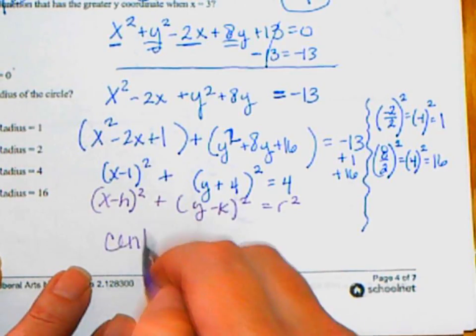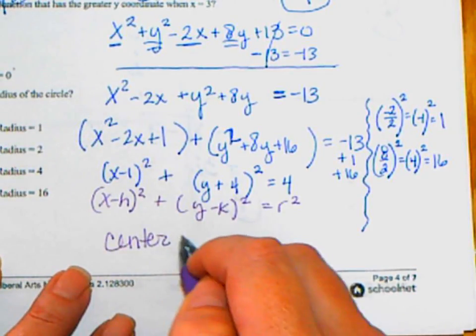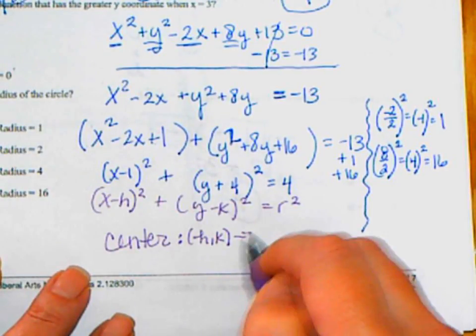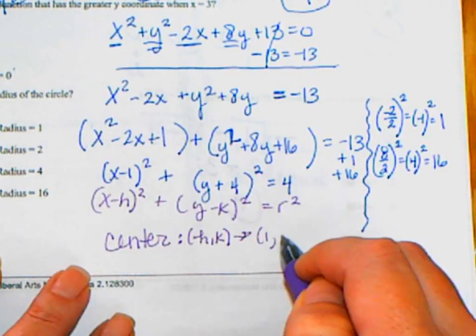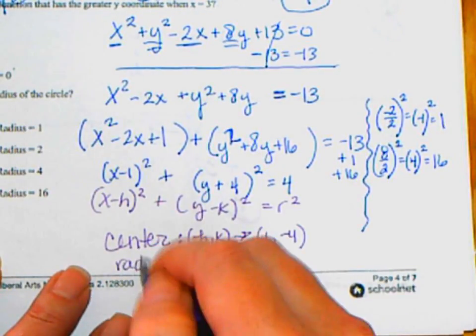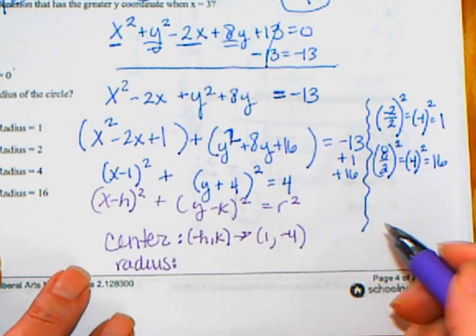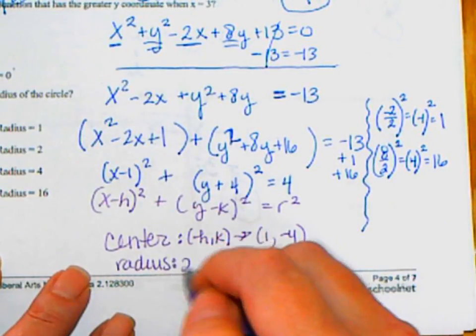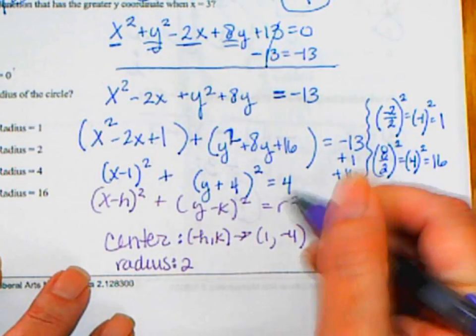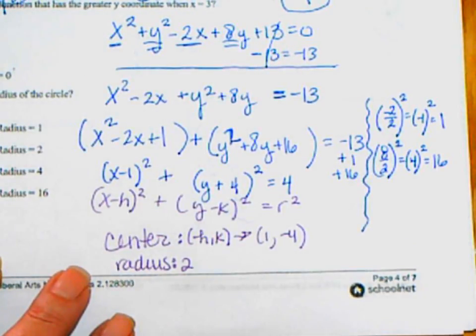Yes, on the center, right? The center is at h comma k, but you have to change the signs of both. So it would be 1 comma negative 4. Equals 4. And the radius is what? Not 4, 2. It's the square root of 4, because this is radius squared, so the radius would be the square root of 4, which is 2.